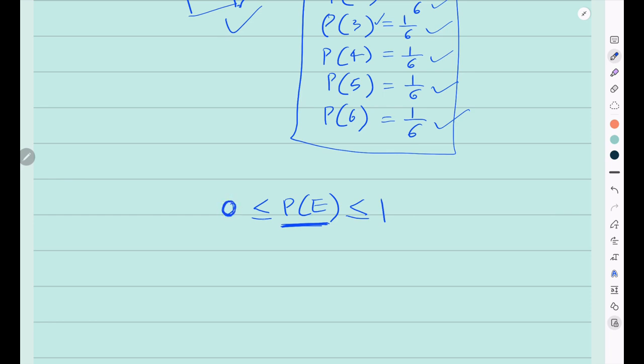It could be equal to 0 also. It could be bigger than 0; 1 by 6 is greater than 0. But it will always be either equal to 1 or less than 1. So the value of the probability of anything could take a value between 0 and 1. It cannot be negative. Negative probability means nothing. So that is one concept which you should just keep in mind.